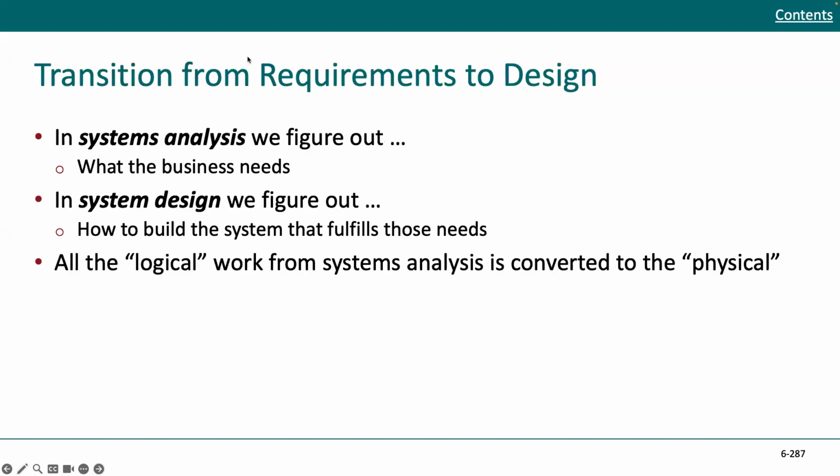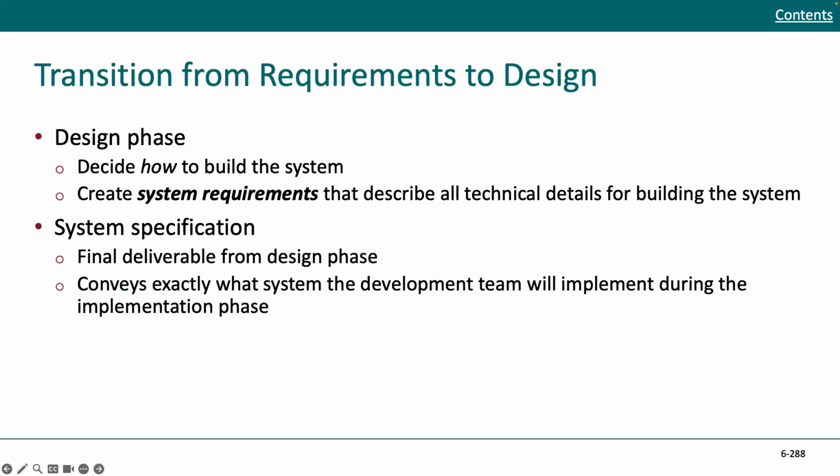Thus we get into this transition from requirements to design. In system analysis, we figure out what the business needs. Analysis was the last phase, and now in the third phase, system design, we figure out how to build a system that fulfills those needs. All of the, quote, logical work from system analysis is converted into, quote, physical.